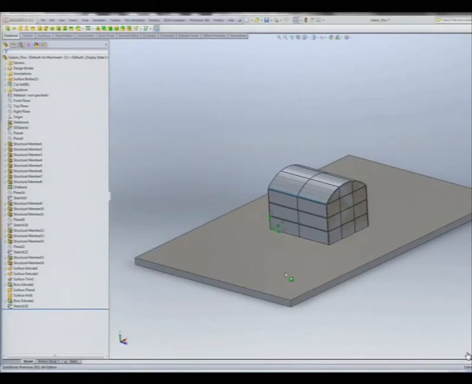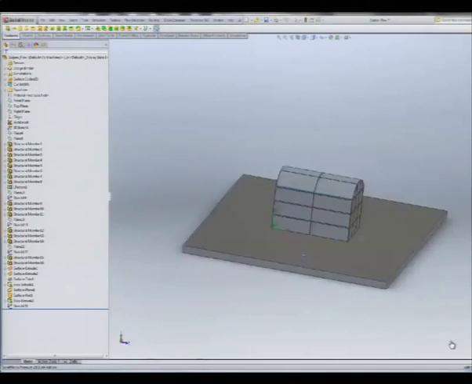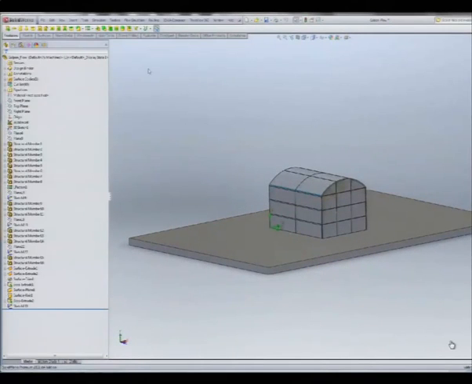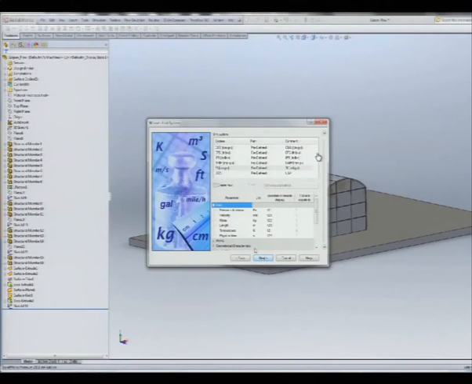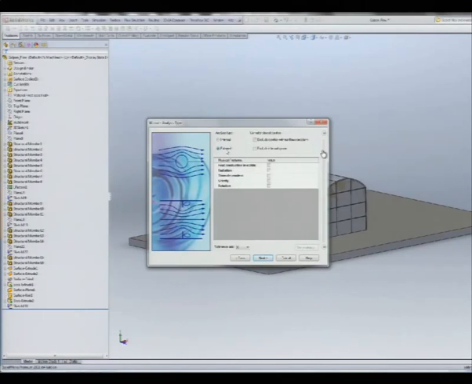Let's start with setting up a flow simulation analysis. My objective here is to get the forces on the structure. So what I'm using now is the wizard of Flow Simulation. The first step is selecting the name. Next, the unit system. It's very straightforward.